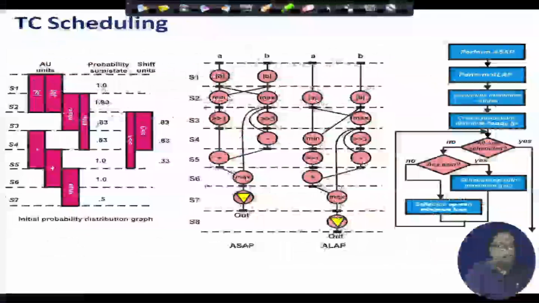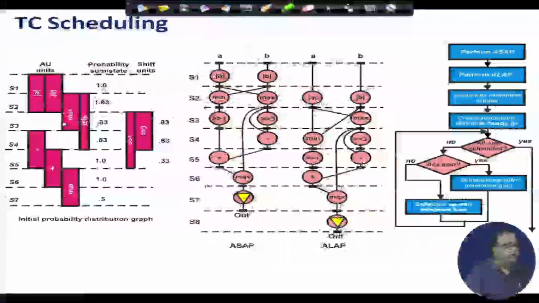Mean can be scheduled according to ALAP either here or here. So, mean has got this range. So, mean is contributing about 0.33 probability to all these steps. Therefore, at this step S2 my cumulative probability is 1.83. It is no longer a probability in that sense, 1.83 is a value.